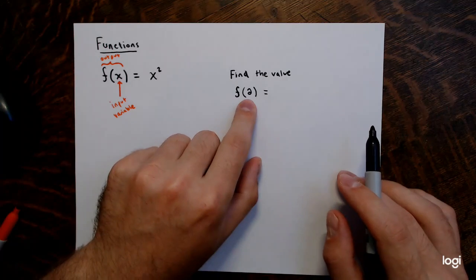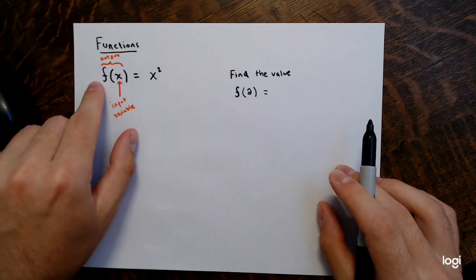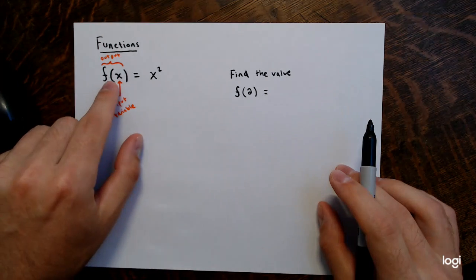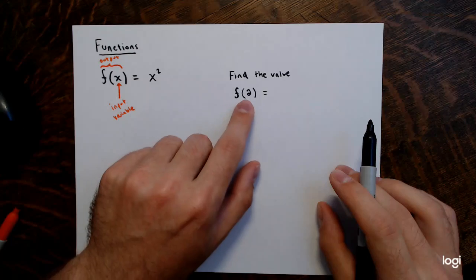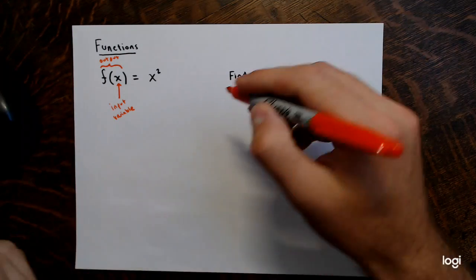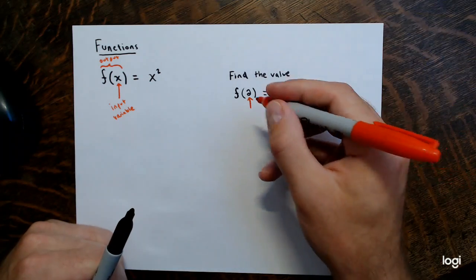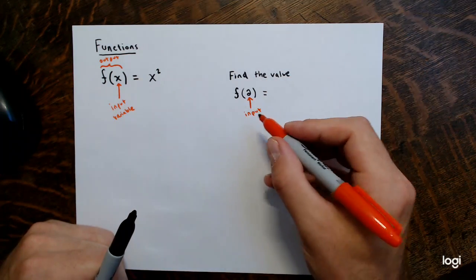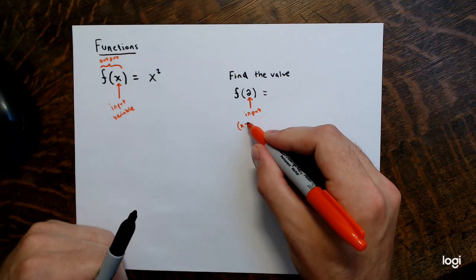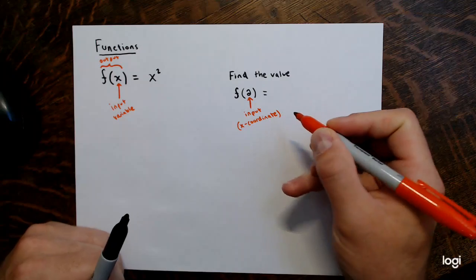All this is telling me to do is go to the function called f, which is here. My f of x is x squared, and due to this input, the thing inside the parentheses after the name of the function is the input, or the x coordinate of a point on my graph. I'll put this on a point on a graph in a second.